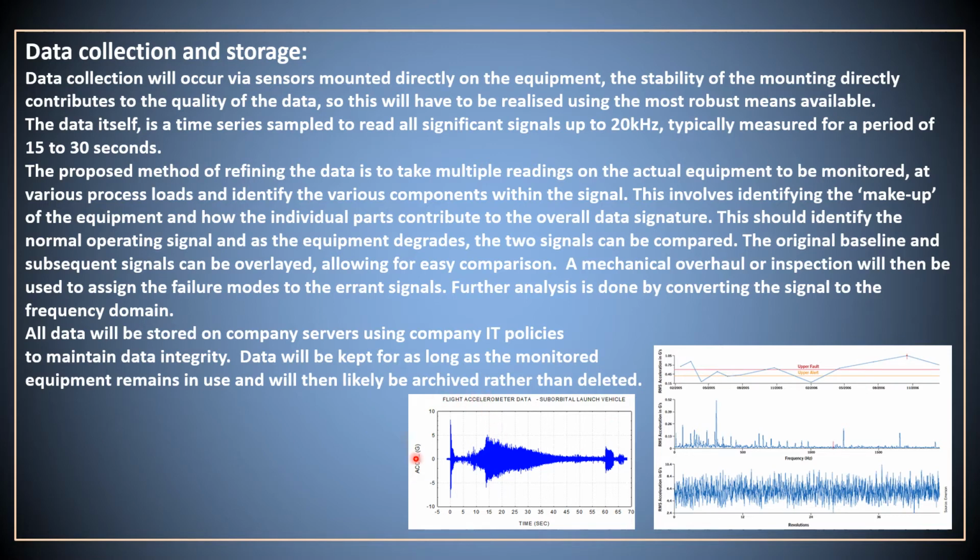What we want to do is take a baseline when equipment is new, and then as the equipment is used in normal operating conditions, so running at full load, and as the equipment degrades or parts wear or break, we can then do, say, a mechanical overhaul or just an inspection, identify the parts that are wearing or failing, and then assign that failure mode to the errant signature, and thereby teaching the AI what it looks like when things are good and when things are not good.